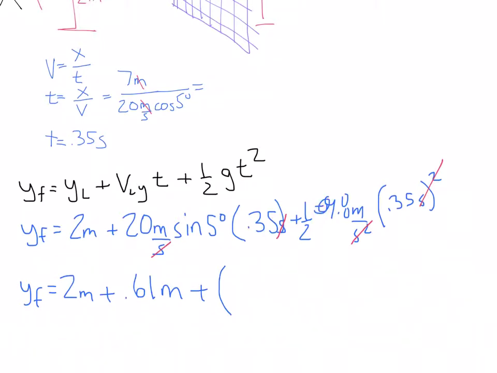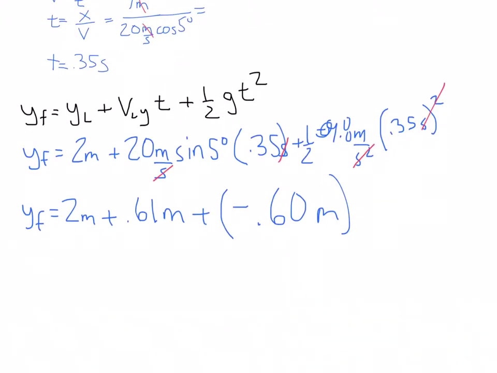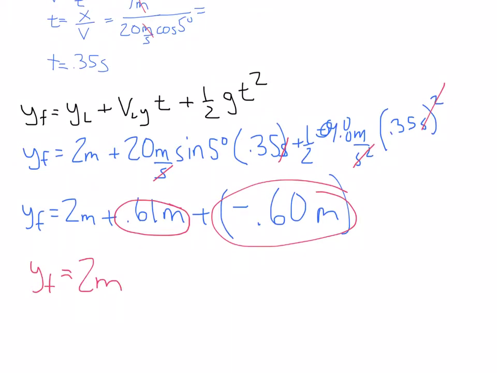So it's going to be a minus 0.60 meters. So, as you can see, y final is equal to 2 meters plus 0.61, and then minus 0.6. So it's really plus 0.01 meters, which really isn't that much.